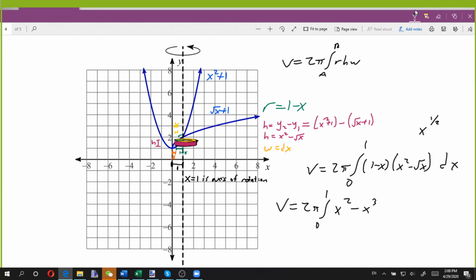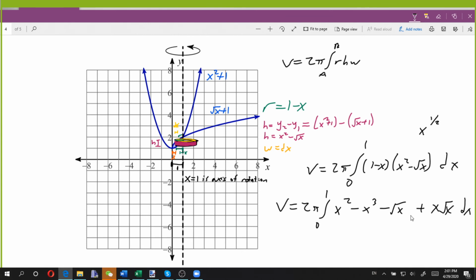So x cubed and minus, could it be minus square root of x? Minus x square root of x. So if I've got a negative, negative, that'll be plus x root x. Okay, that's okay.